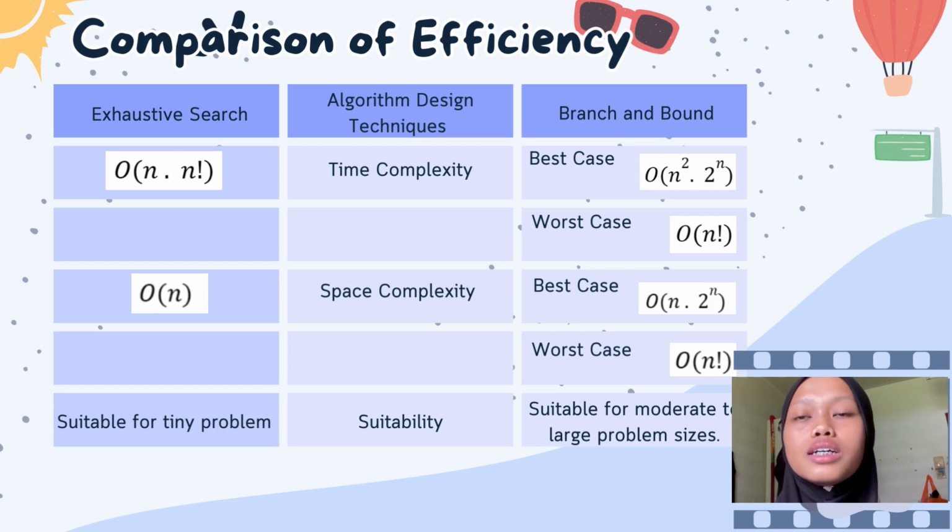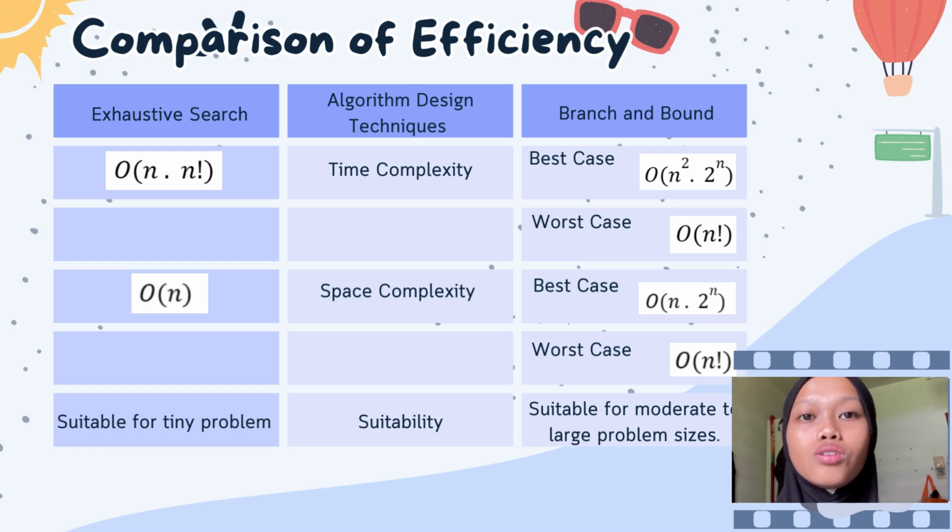First, let's look at the time complexity. For exhaustive search, the time complexity is O of n multiplied by n factorial, which indicates it grows factorially with the size of the input, making it impractical for large datasets.